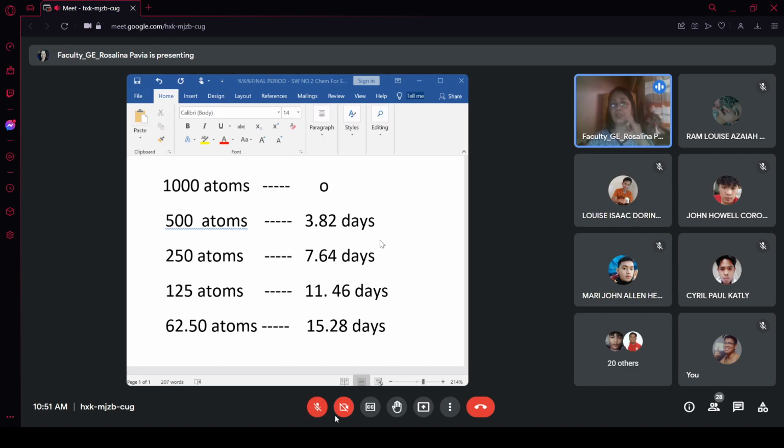Ano ba yung nagdi-decay? Di ba yung nucleus? Yung nucleus nag-emit ng radioactive particles. Kaya nag-change. Okay, is this clear?